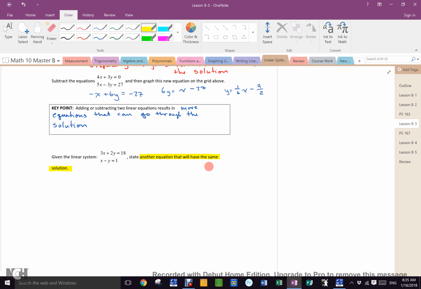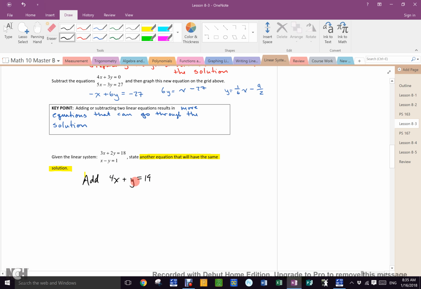Carlin. I could add the 2 equations together. So 1, I could add them. And that would give me, what's 3x plus 1x? 4x. What's 2 minus 1? Plus 1y. And what's 18 plus 1? 19.